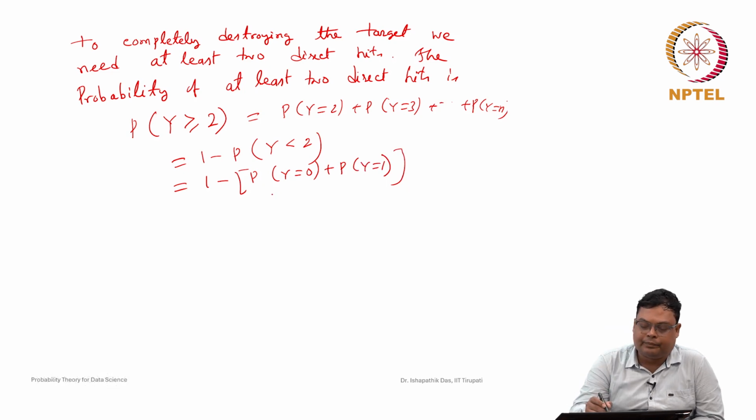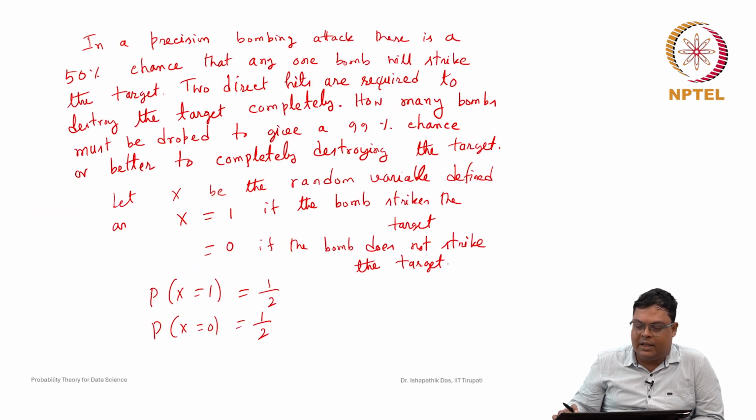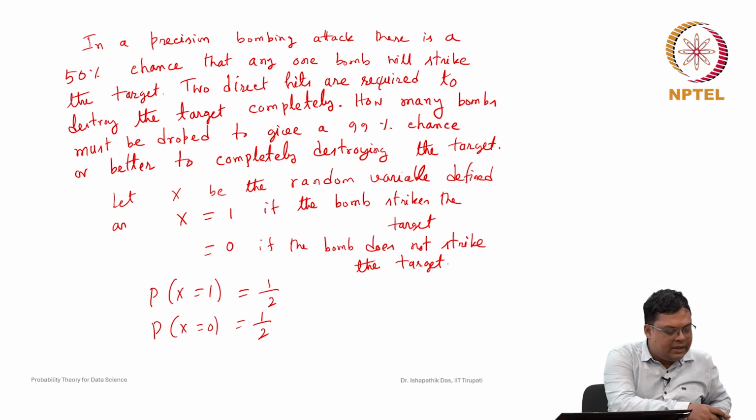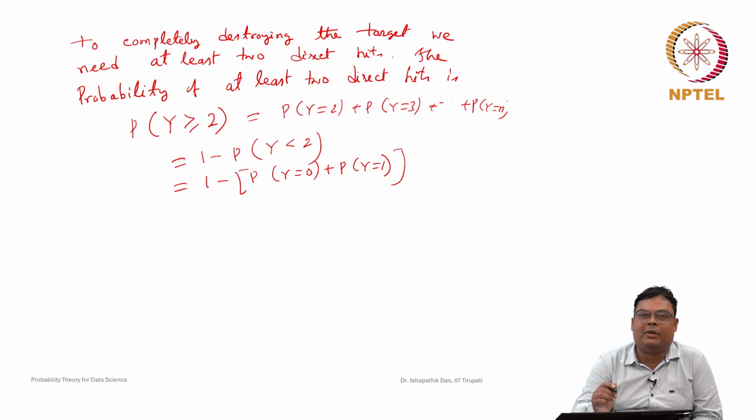Now it is asked that this probability should be greater than or equal to 99%. Whenever it is greater than or equal to 99%, we have to solve for how many bombs.